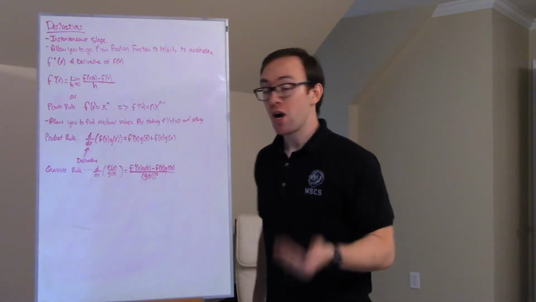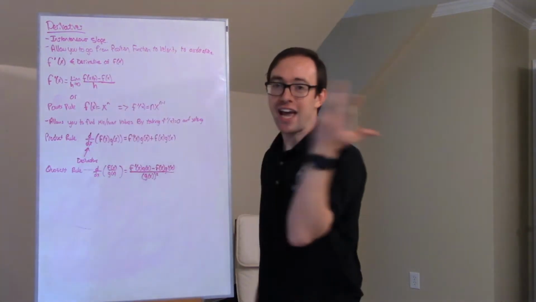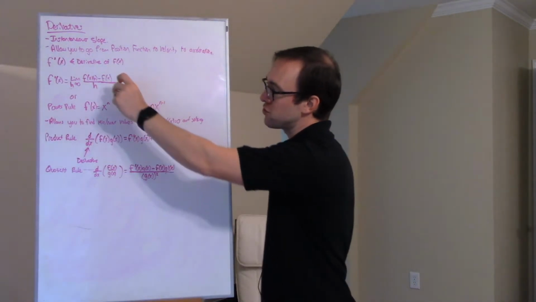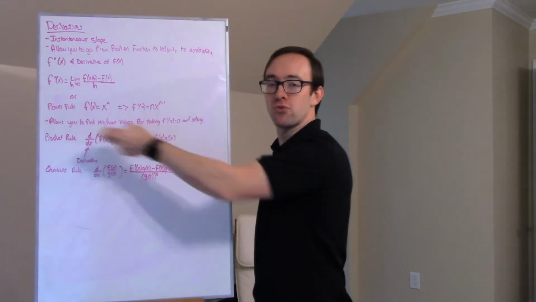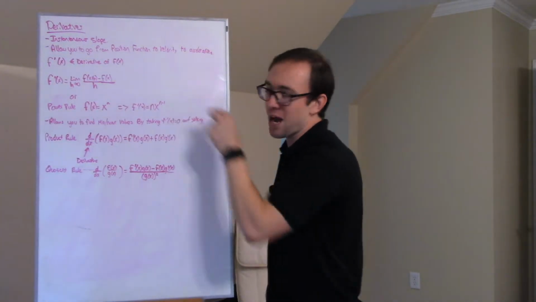For the power rule of a derivative, what happens is, for any function x to the n, say x squared, the power rule allows you to take that n and pull it out in front and then subtract 1 from that power.